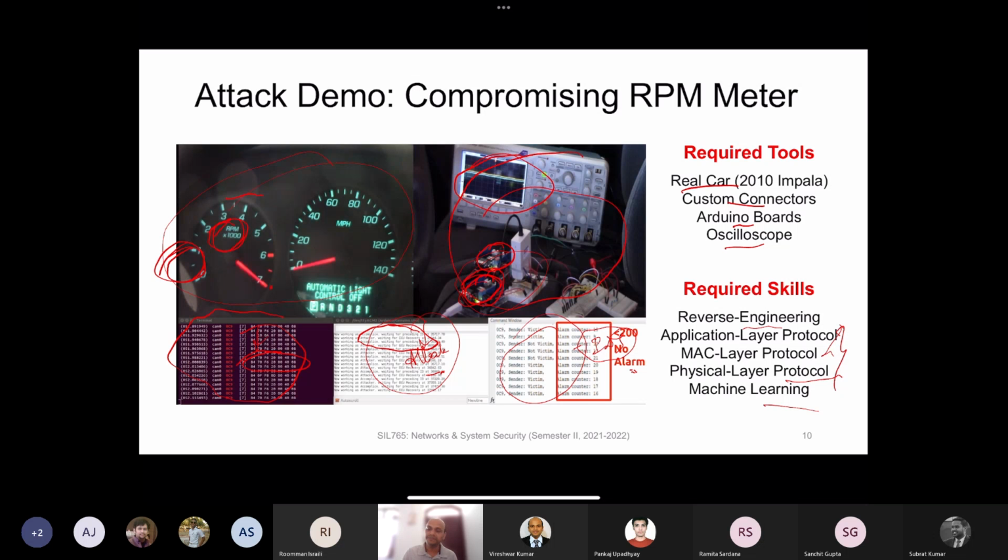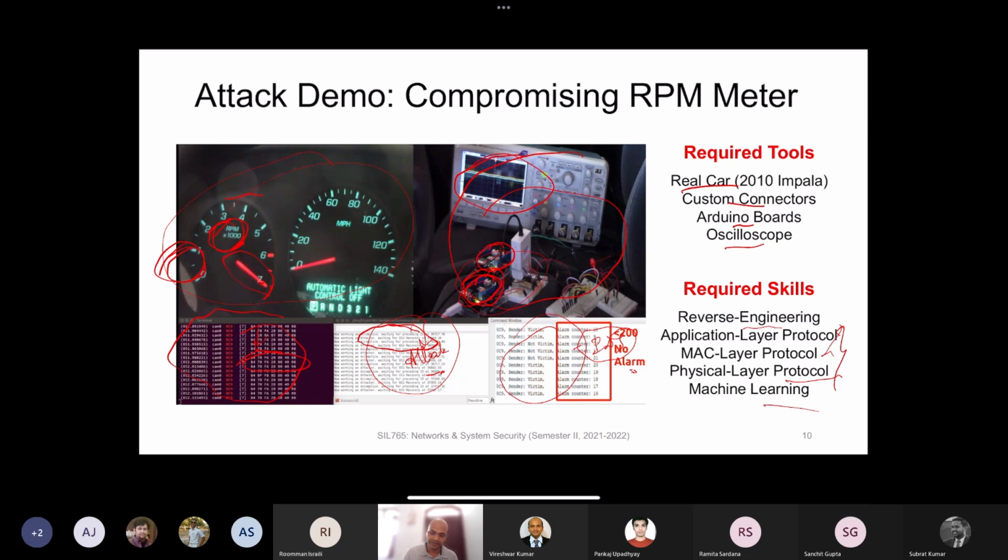But because there is no security, no authentication, they do accept these messages. That has been shown 10 years ago by different people, that these RPM meters will accept any packet received by them if that packet is in the correct format.